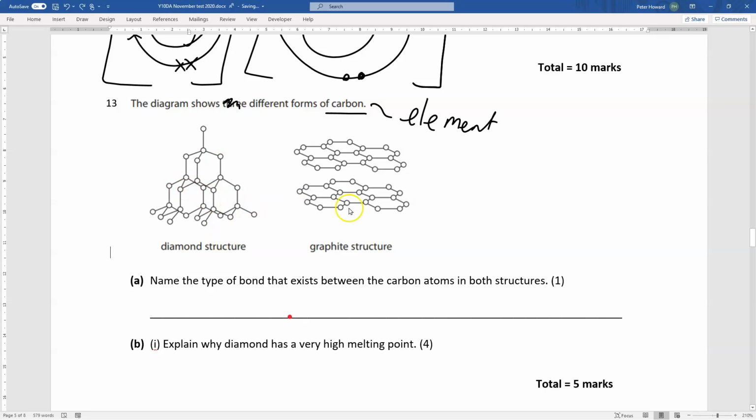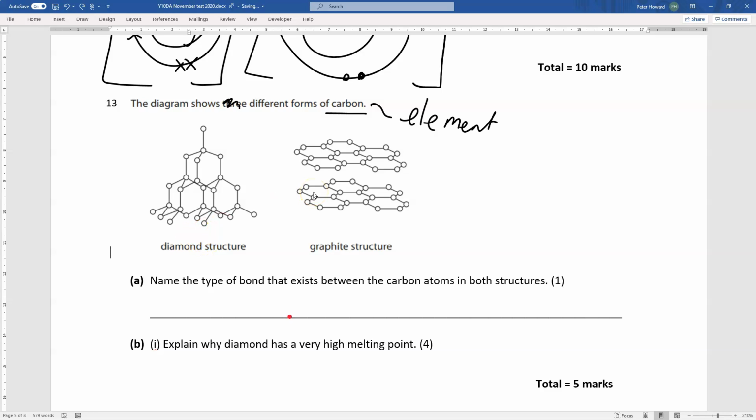So the diagram shows 2 different forms of carbon. We can see there's a fair number of atoms, so we try to count it. I go quickly. There's quite a lot there, so that tries to indicate that this is part of a giant structure. Not all of it is shown. Again, we can see a regular repeating pattern, and we can imagine it continuing in each direction.